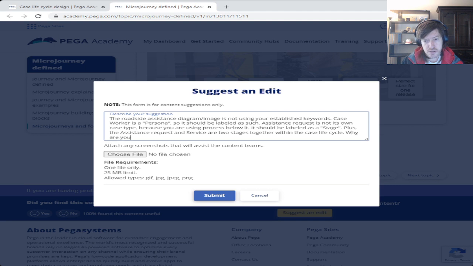Why are you labeling it as parent and child? See, it's like, what the heck are you doing here? You're not even using your keywords. You're just kind of confusing your reader here.